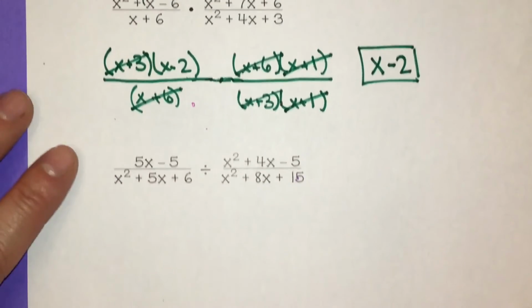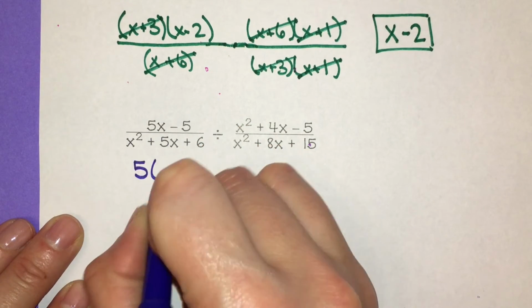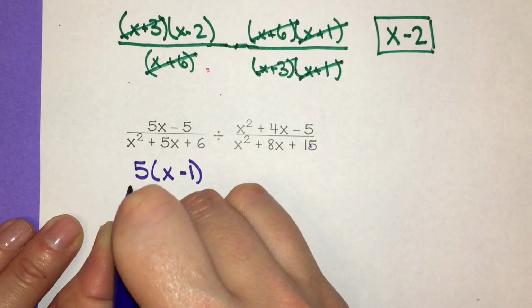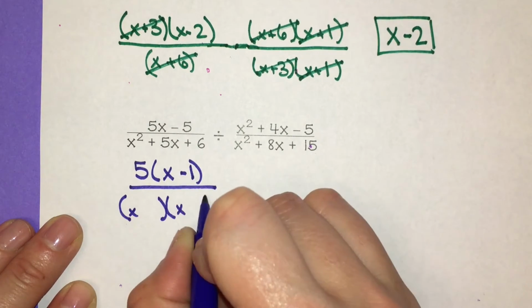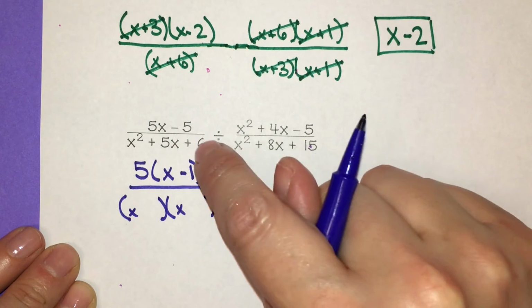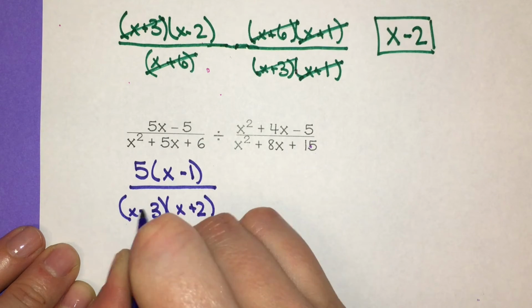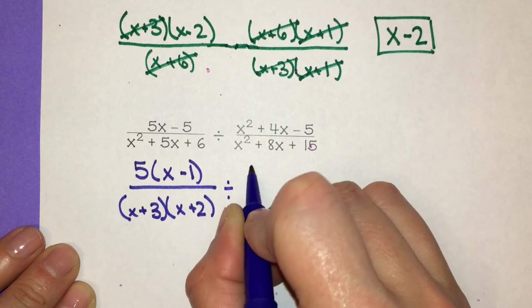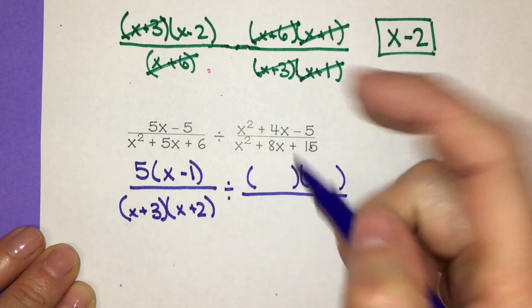And the final one, okay, I can factor out a 5, which leaves me with x minus 1. Okay, then I'm going to factor the bottom quadratic. What adds together to equal 5, multiplies together to equal 6 is 3 and 2. Divided by, I'm going to factor the top.